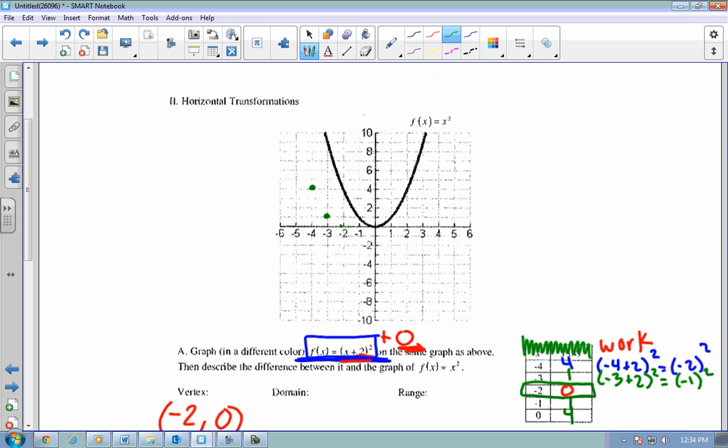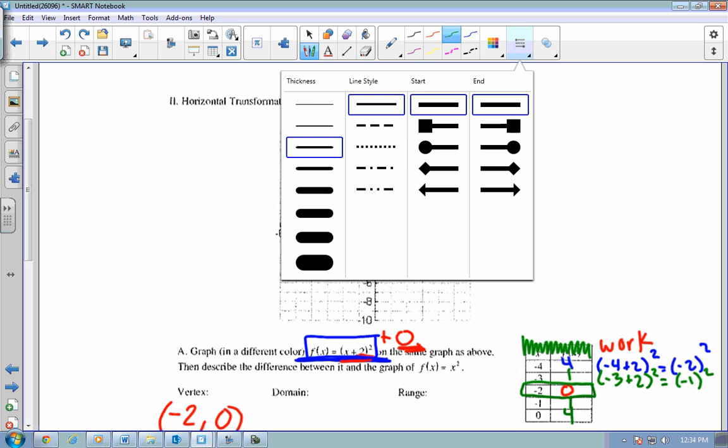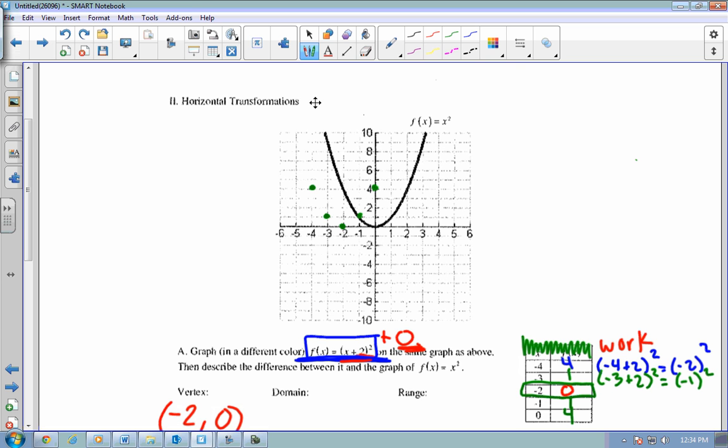Left 2, stay at 0. And you just use symmetry for the next guys. Make sure those points are large enough that when you graph through them, they don't disappear. See, it has the exact same shape as the other function. I already graphed it, except it is shifted to the left. That's how you do your homework, yeah.